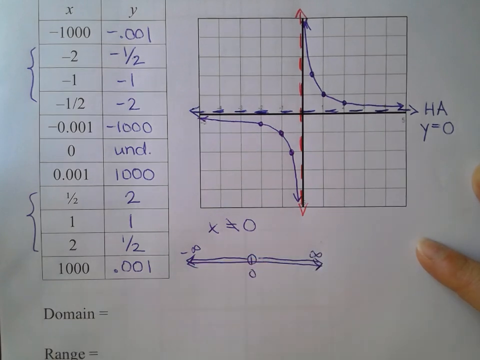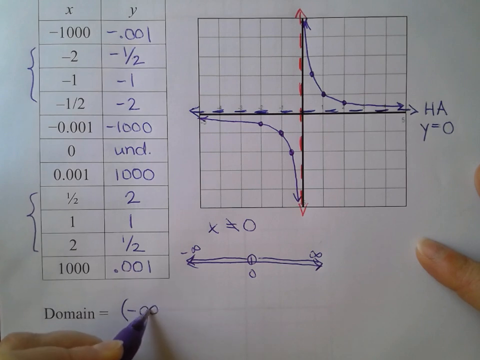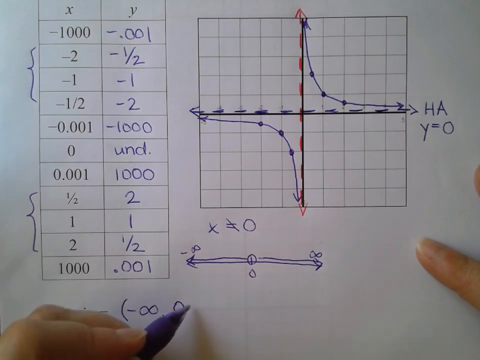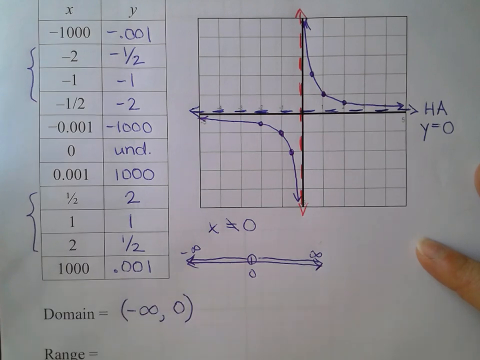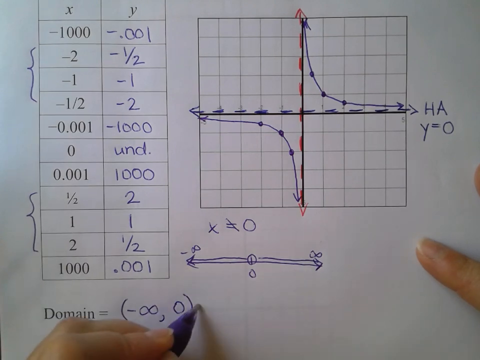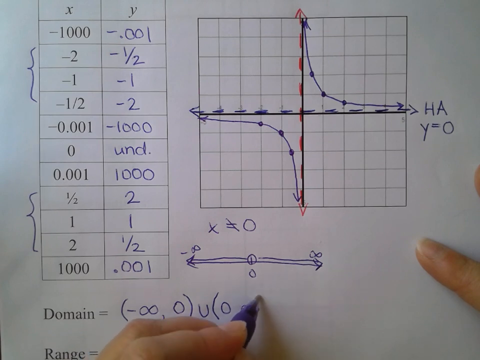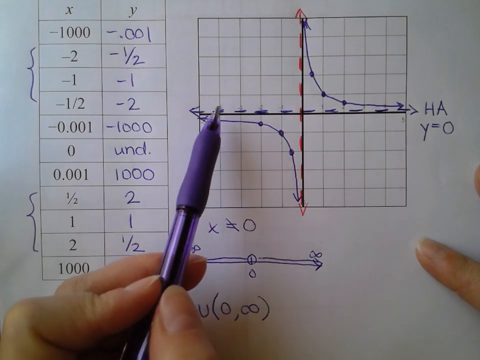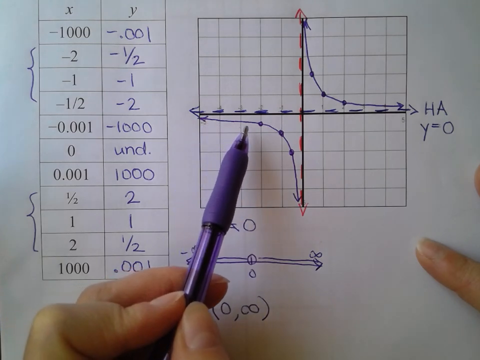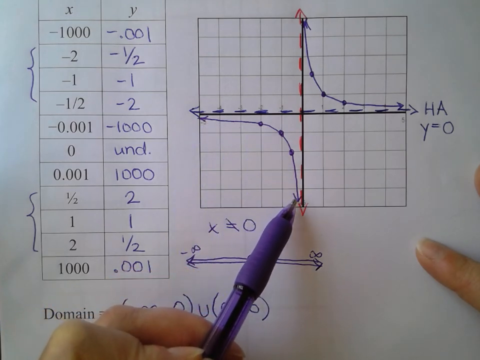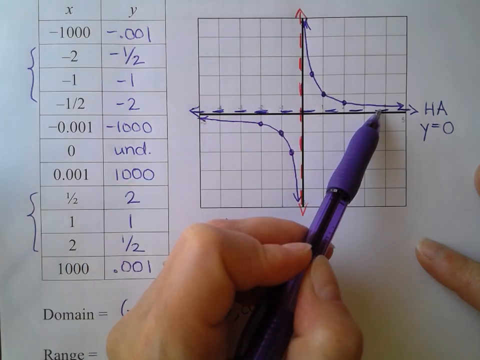So the domain goes from negative infinity up to 0, but not including 0, just infinitely close. We use the parentheses to show that. And then we're skipping the number 0 and starting just after, infinitely close from 0, to infinity. And that should match up with the graph, right? From negative infinity up to 0, and then from just after 0 on to infinity.